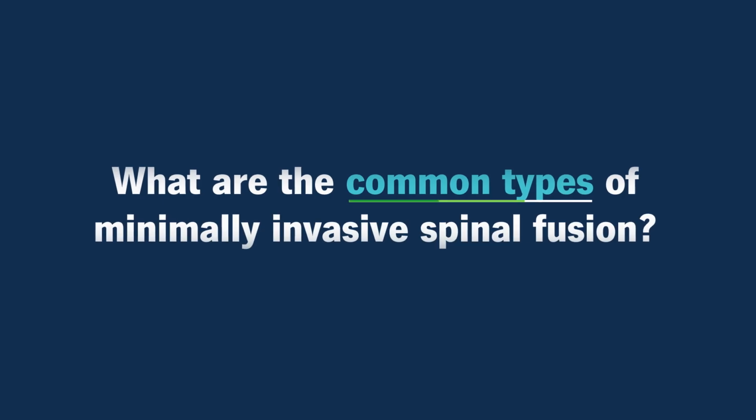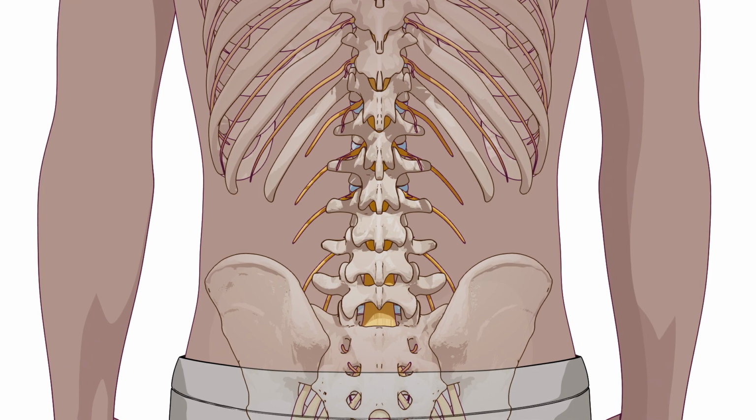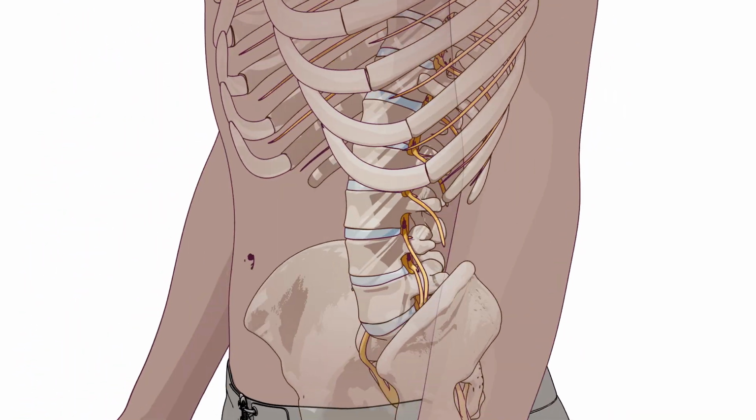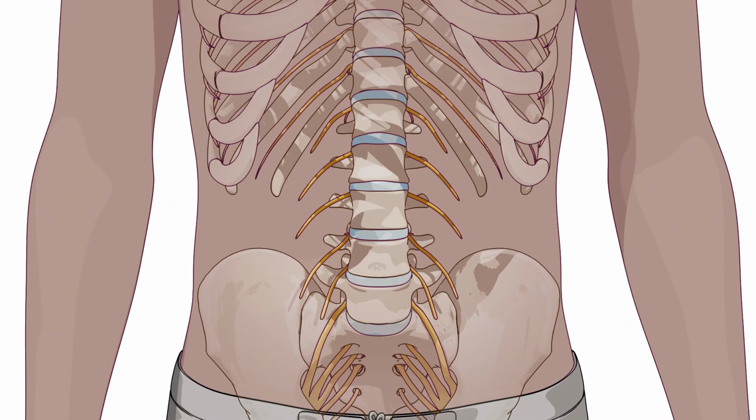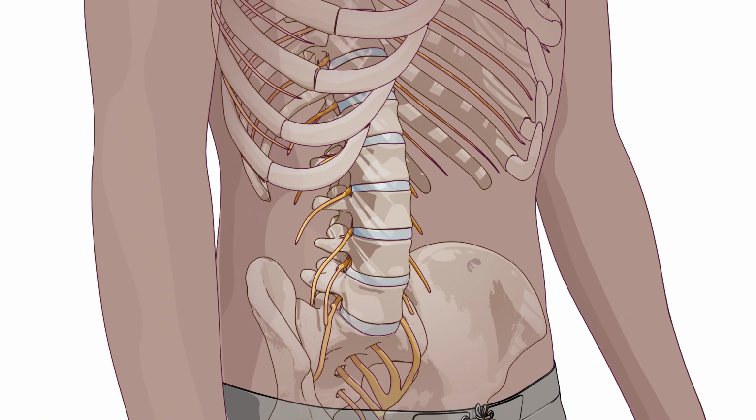What are the common types of minimally invasive spinal fusion? When we fuse the spine, we think about how we access the spine. We can access the spine through the front of the body, where it would be an anterior fusion. We can access the spine through the side of the body, which is in the same component of the abdomen as through the front, but we just position the patient on the side, and we can usually do it through a much smaller incision.